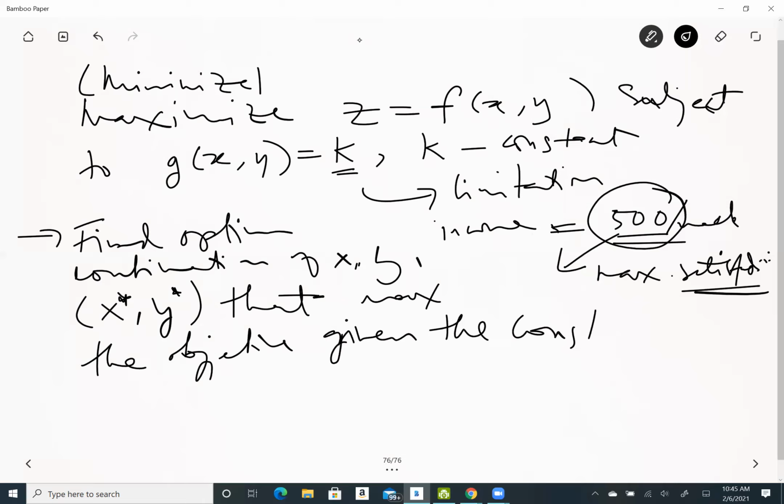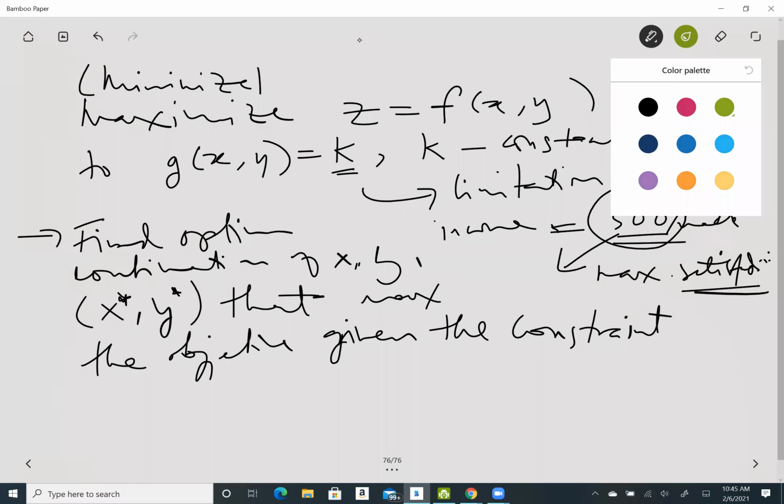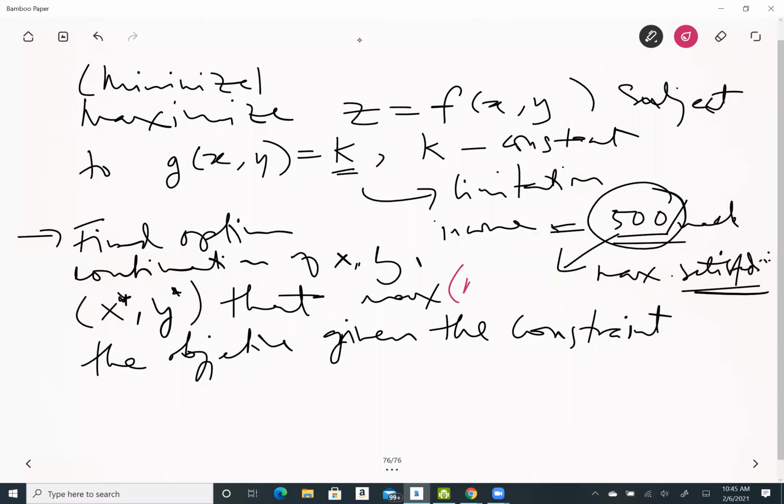So that's why you call it optimum. Optimum means the best that you can do given the constraint. If the problem is minimizing, then it's minimized. You want to find the optimum point.